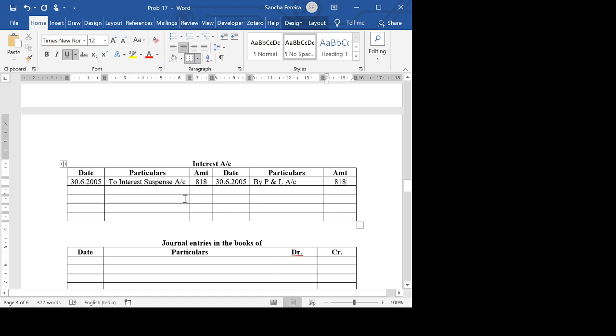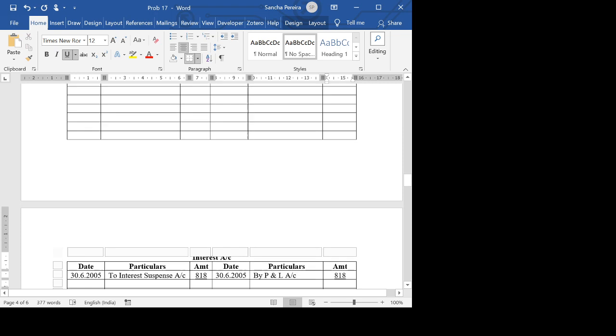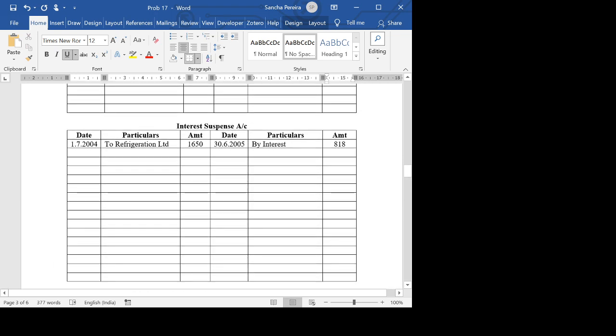We have to close. We have already closed the interest account, it's balancing. We have to close the interest suspense. Here you need to be a little careful. In the interest suspense account, you will have a balance that's going to be carried down till the last year, because as you show the interest, this will come down. 1650 will decrease and after 3 years it will become nil.